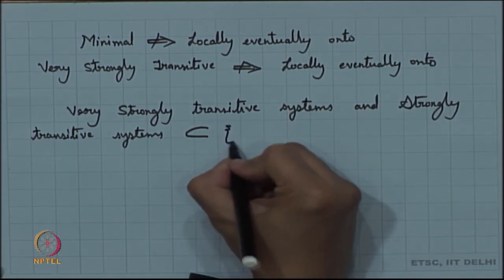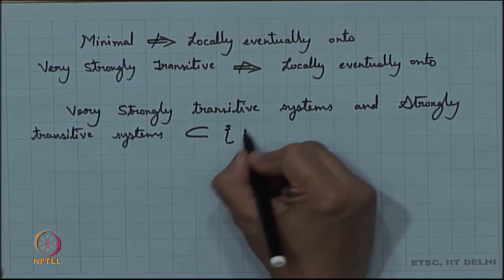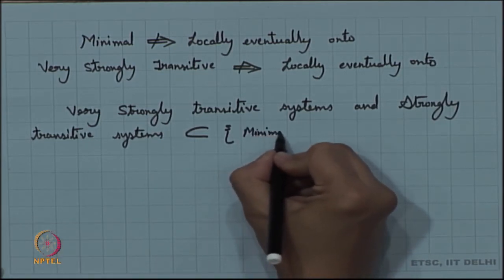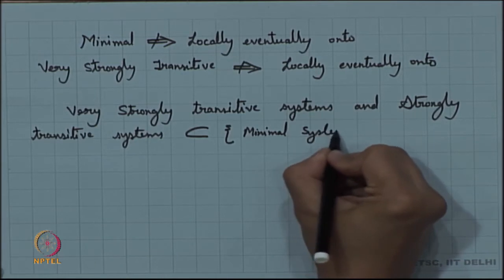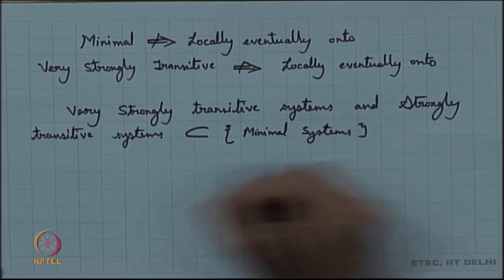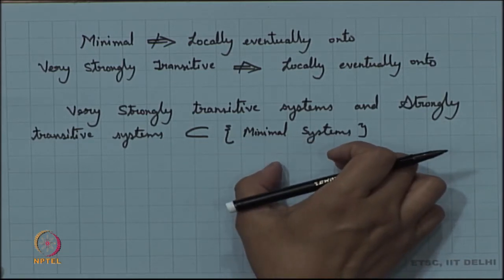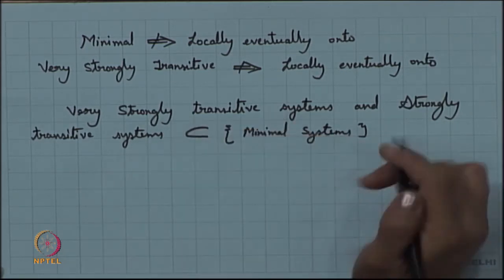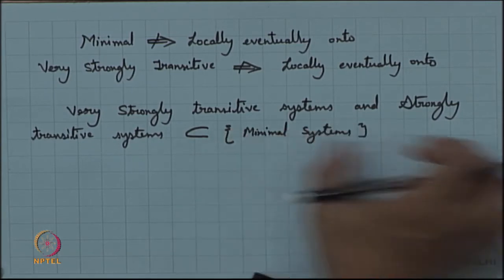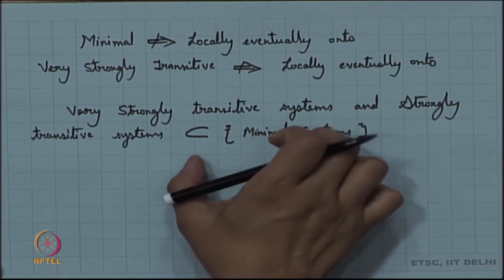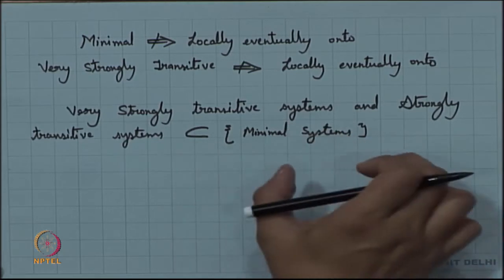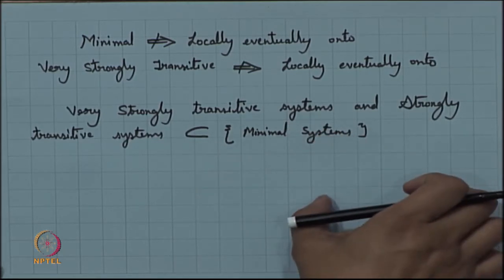in the class of all minimal systems. If your system is minimal, it is very strongly transitive, although these two are distinct. If a system is minimal, it cannot be locally eventually onto.